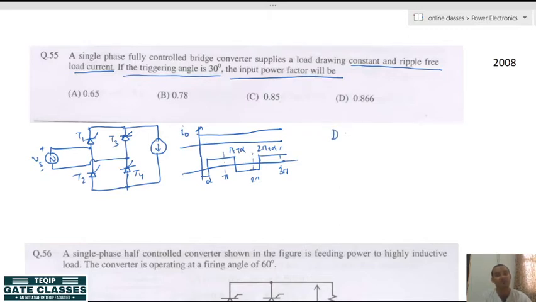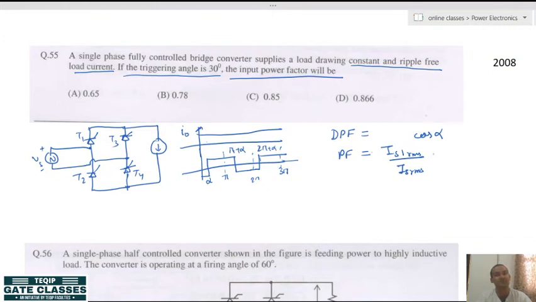Sorry, the displacement factor was not 0.9; the displacement factor was cos alpha.